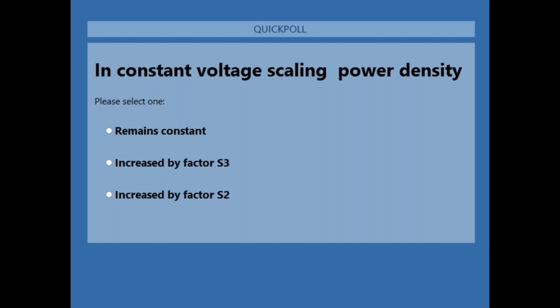I am talking about constant voltage, which is partial scaling, where the voltage is kept constant. Most of the students are giving the wrong answer. Read the question twice. Don't get confused. I am closing this poll within 5 seconds. 5, 4, 3, 2, 1, close.